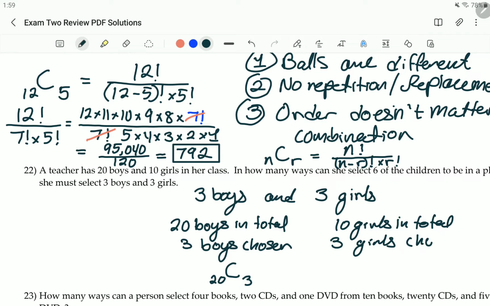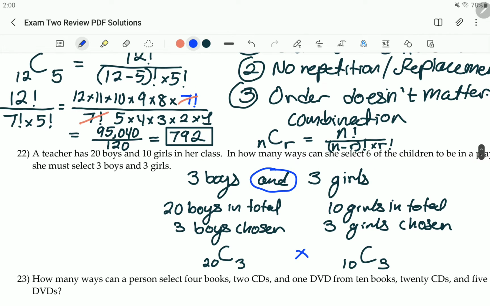The order does not matter in how you choose those girls. So that is the combination of having 10 girls, choosing 3, with no order. And the word and, when it comes to the fundamental counting principle, means to multiply. So you're going to multiply your combinations.